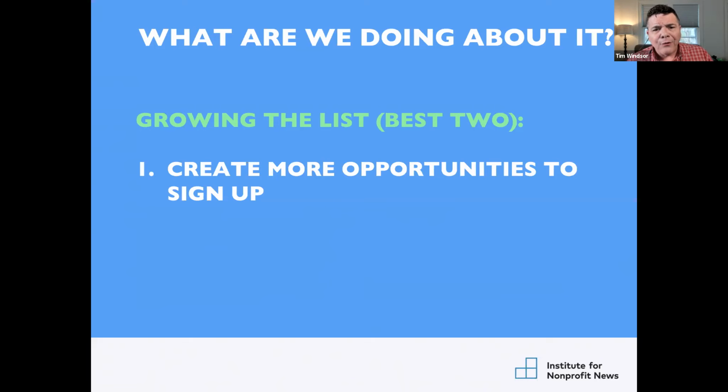There are other pieces to this as well. If you can drive more traffic to your website, that will also create more opportunities for people to sign up, especially if you've already implemented one or more of these areas where it's drop dead obvious how to sign up.